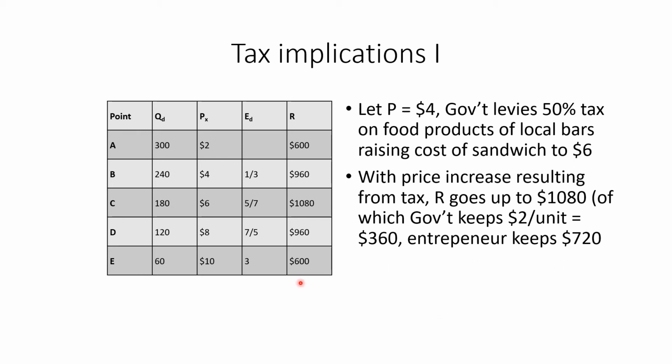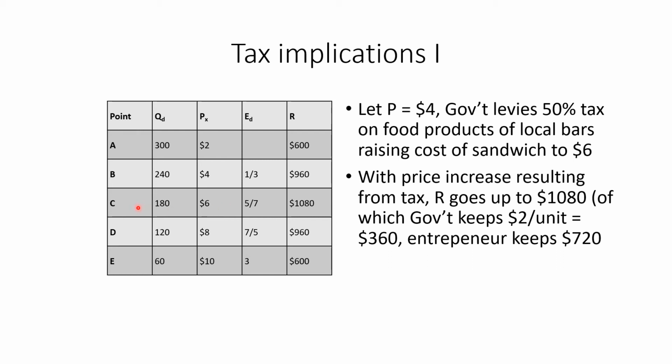Now, you'll note that if the entrepreneur does the price increase itself, it makes all of the money itself. The government doesn't have anything, but because it's a tax, the government's going to reap some of the benefits here. And what you'll notice is that for the entrepreneur, the revenue goes down.